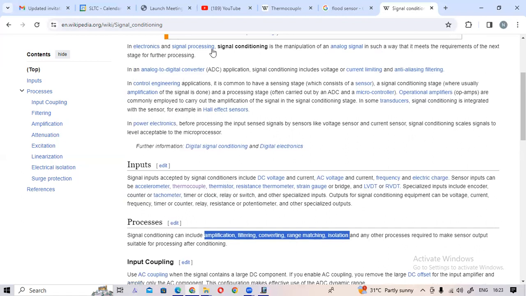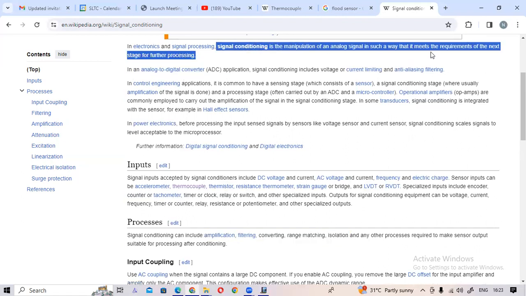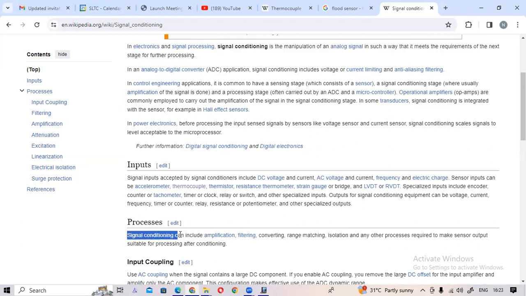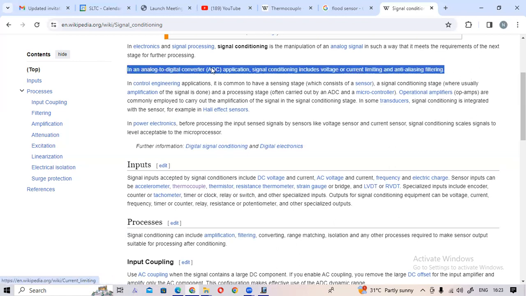What is signal conditioning? What are the signal conditioning processes and what are the circuits we use? And you can write this example also, in an analog to digital converter, this type of conditioning happens.